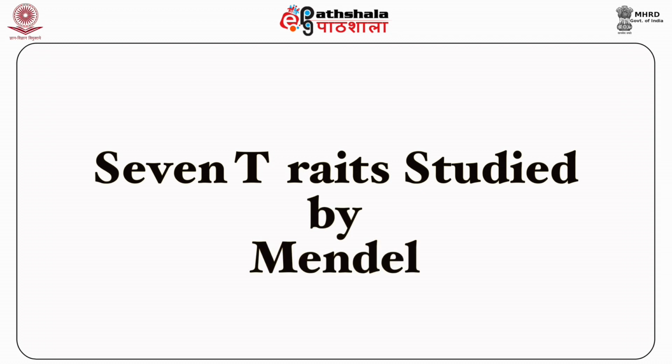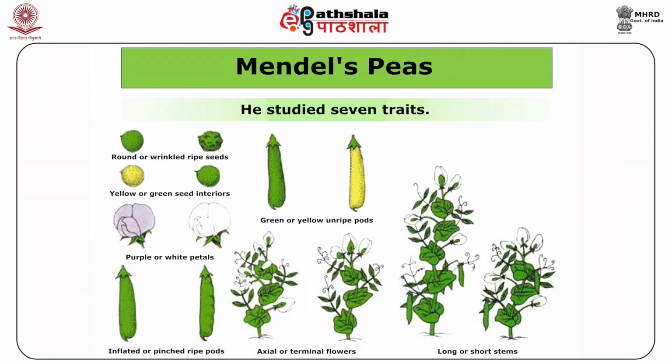Seven traits studied by Mendel. Seven traits were studied by Mendel in the pea plant, which are: first, seed coat color or flower, that is grey and purple. Second, seed color, yellow and green.